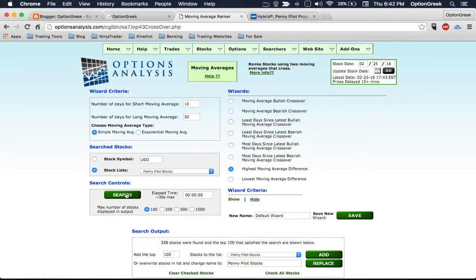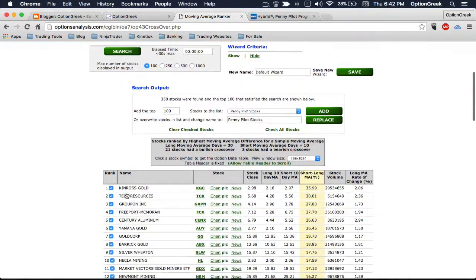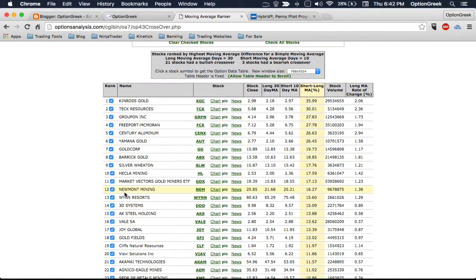And when the stock list returns, we can look at the table and get an idea of what's happening here. What it's telling us is the difference between the short and the long average, given to us as a percentage. The largest one comes up first, which means that the short average is 35% higher than the long average, meaning that the price action of this stock has probably been picking up in the short term and tending to move faster.